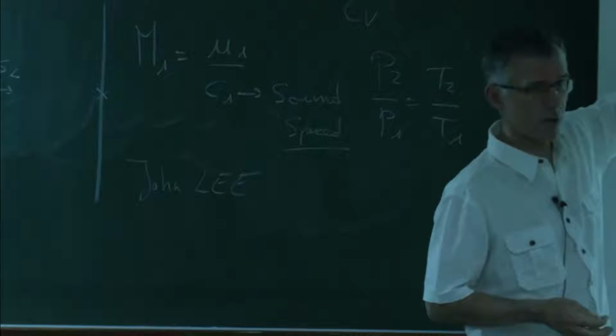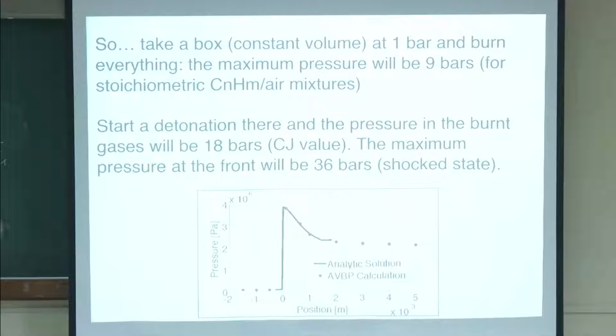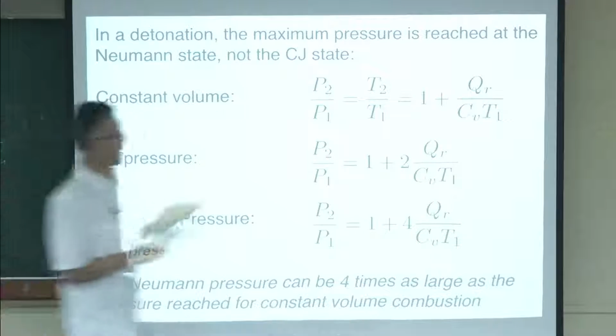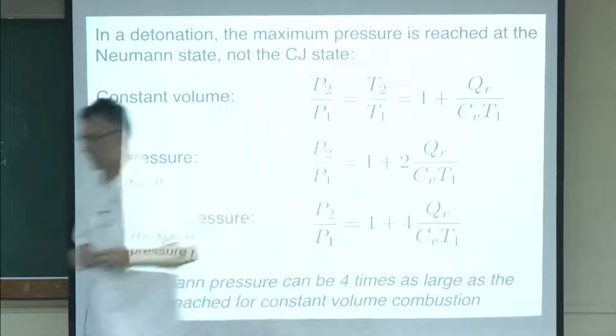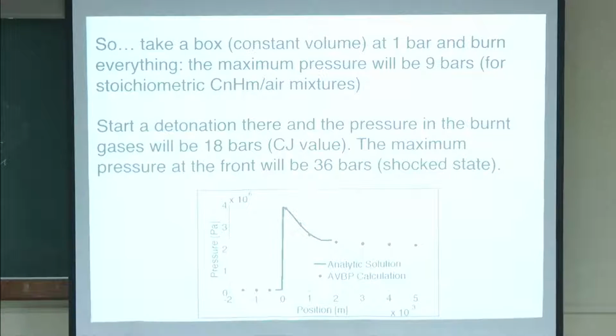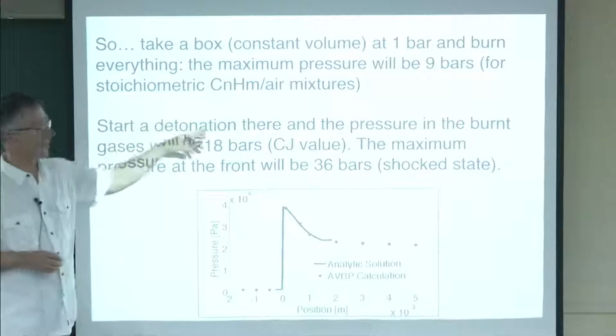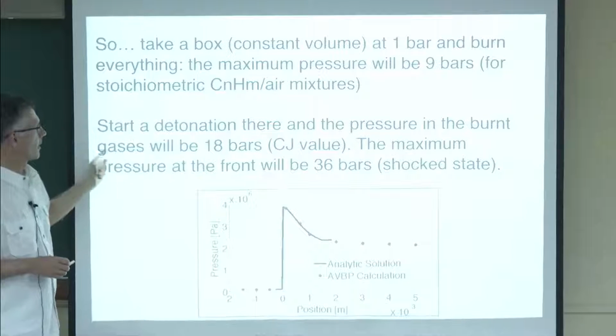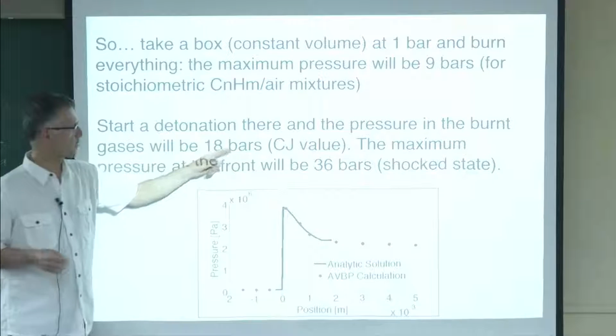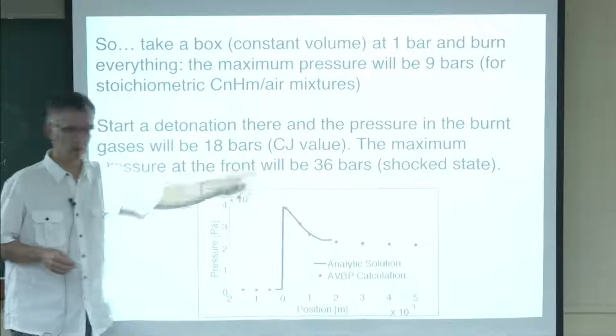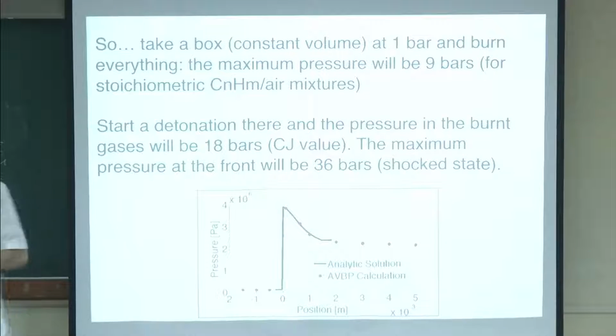We know that the maximum pressure will be 9 bars. Typically, for a stoichiometric mixture, the 9 is 1 plus 8 here. But if you have a detonation in this system, then the maximum pressure in the CJ state will be 18 bars, and it will be 36 at the shock itself.